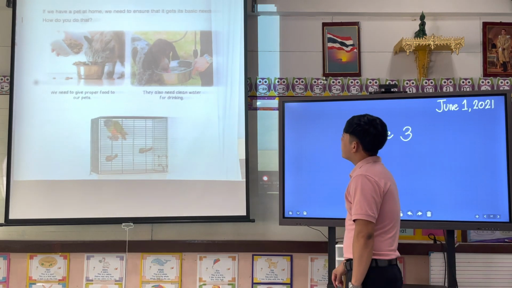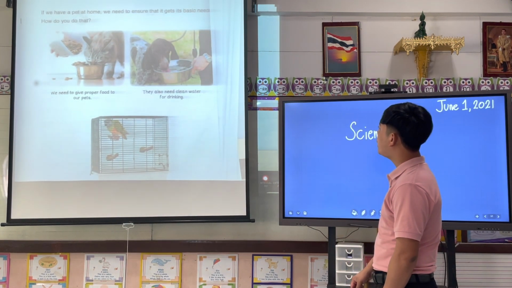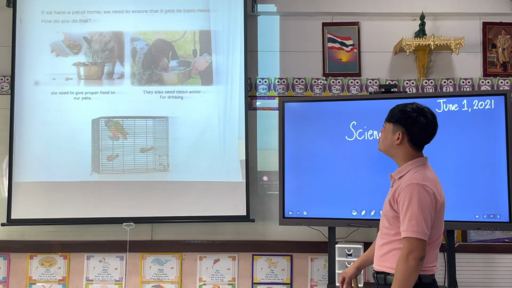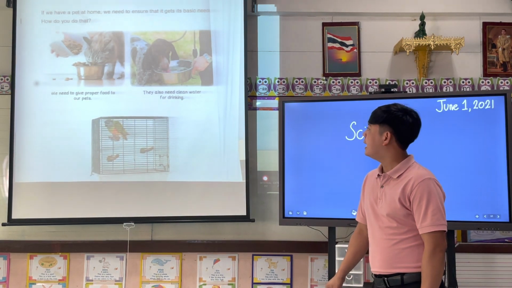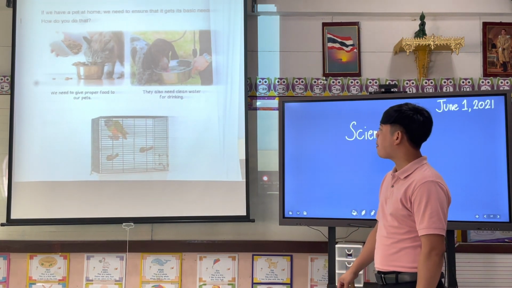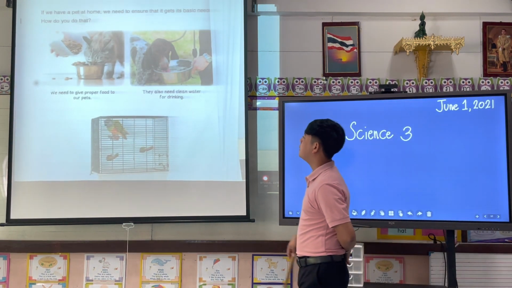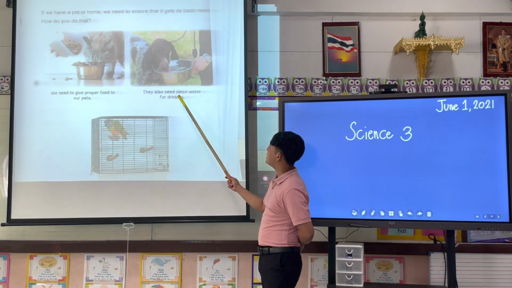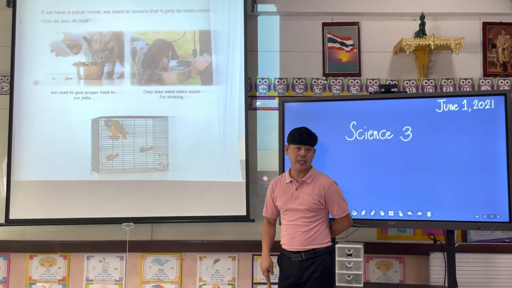So if we have pets at home, we need to ensure that they get their basic needs. How do you do that? Look at the cat and the dog. We need to give proper food to our pets. They also need clean water for drinking.